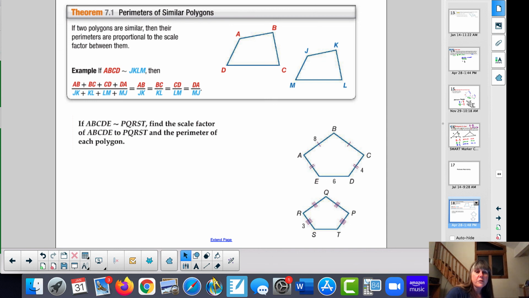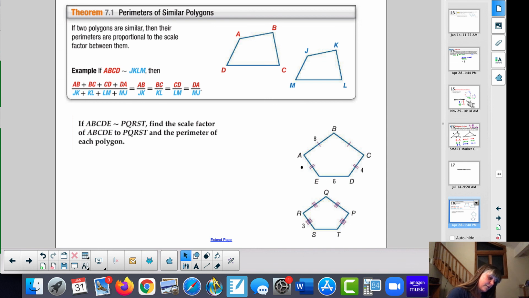So on this one, since I don't know the scale factor between them, I have to find the scale factor by doing a ratio of known sides.